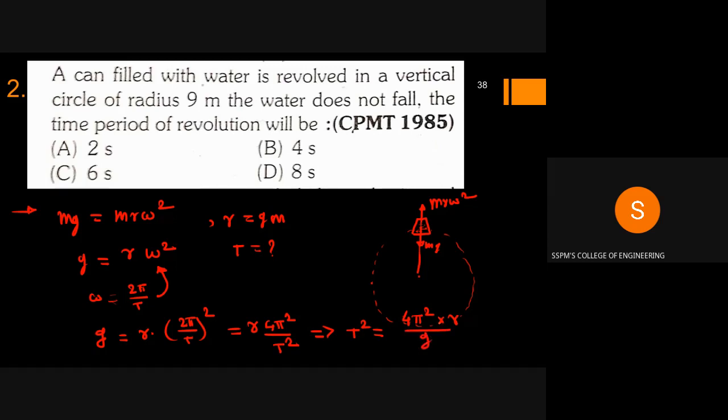And r is given, equal to 9 meter. So this is 36 pi square upon g. And g we can approximate as pi square. So finally you will get the answer. T square is 36, so T is 6.